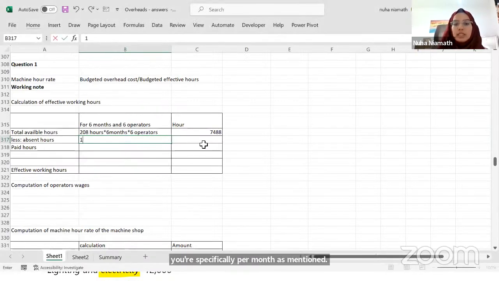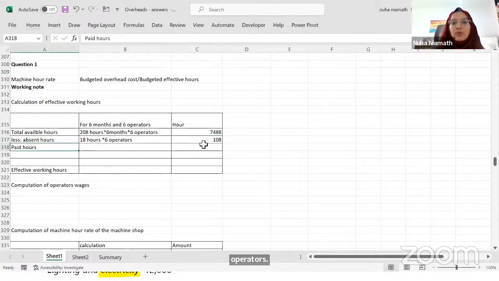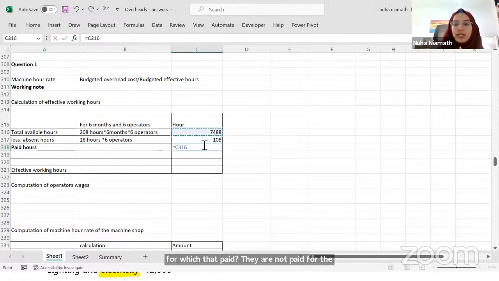So it will be 18 hours into 6 operators, which will be 18 into 6. Okay. So what will be my hours for which we are paid? We are not paid for the absent hours. So it will be 7488 minus 108.